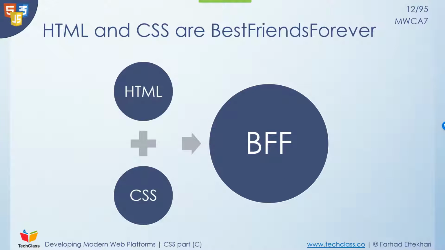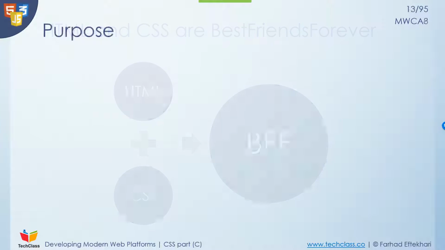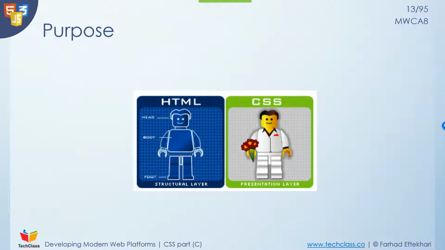So here you can see that HTML and CSS are separable concepts. And regarding the purpose of CSS and HTML, this is a very nice and beautiful image that I found on the internet. HTML is the structural layer of your web pages.